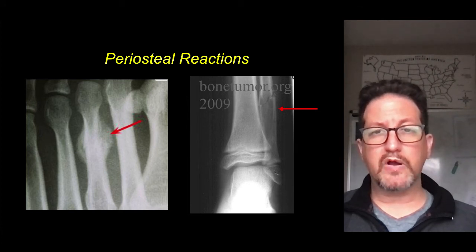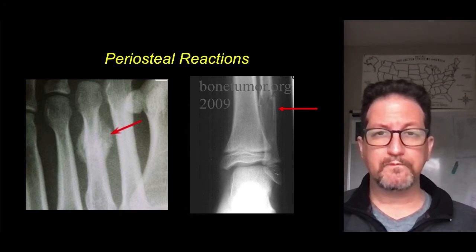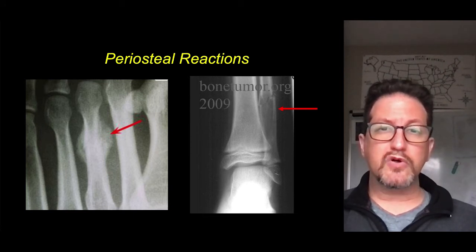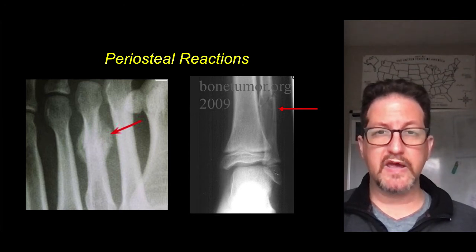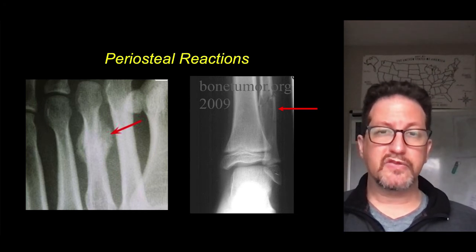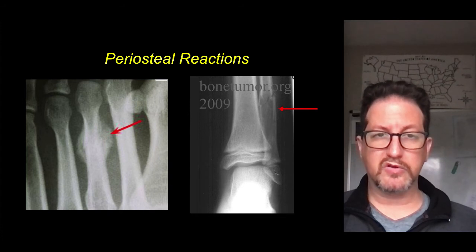And then the other one, if you look carefully, you can see a fracture of the fibula. That is a pathological fracture. But if you look a little bit more distally, as you go down towards the growth plate of the fibula, you can see that there is a radiolucent lesion, and that the lesion has enlarged the bone a little bit.